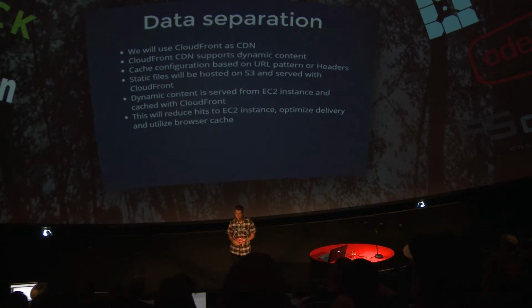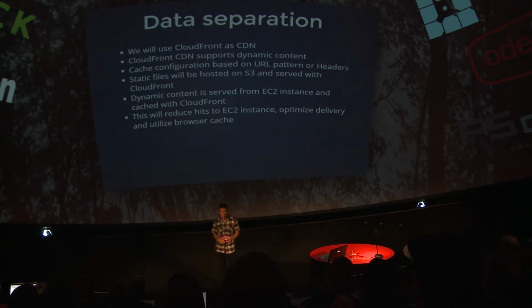All our dynamic content will be served from the EC2 instance, but with caching headers, and CloudFront will utilize browser caching also. This will reduce our backend hits and will also optimize delivery time to the user. It will lower the latency.